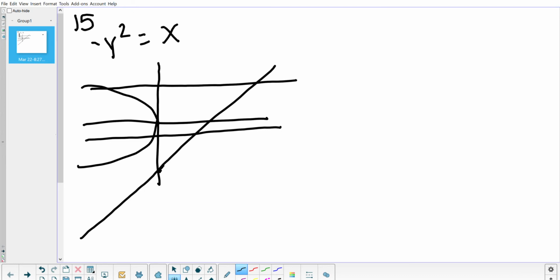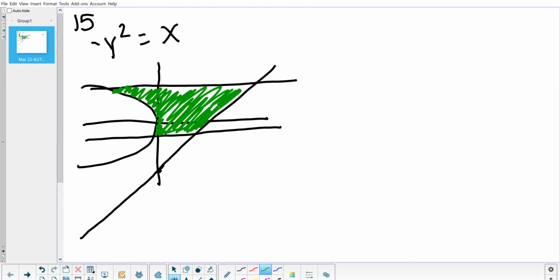So again, you're looking for the area that is enclosed by all 4 boundaries. We're going from the sideways parabola over to the line, and we've got some area even over here, a little bit in quadrant 3. So this is the area that we are looking at.